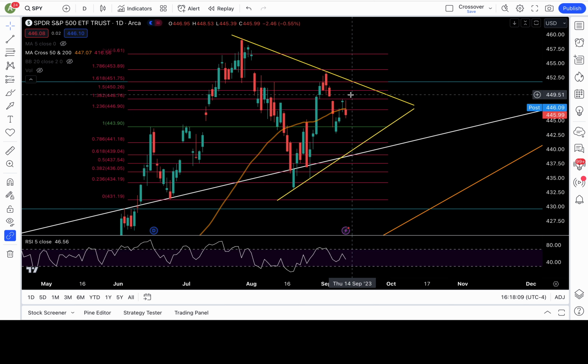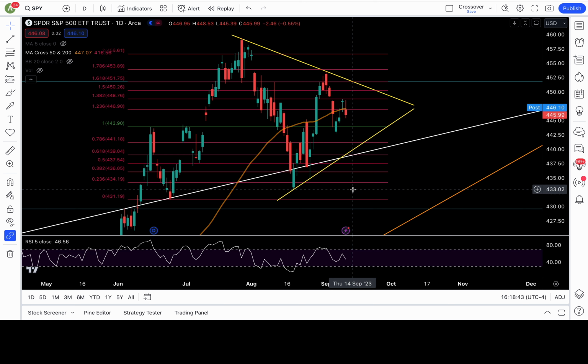Above 447, I would be bullish, but it needs to show follow through and clear 449 and 450 and 452. Below 447, show follow through by breaking down 445.5 and 444, and it will likely go test the support of the triangle. Obviously, below 439-ish, bears take control. All right, and we're likely dropping a whole lot lower. I would favor 433. All right, guys, does that make sense?